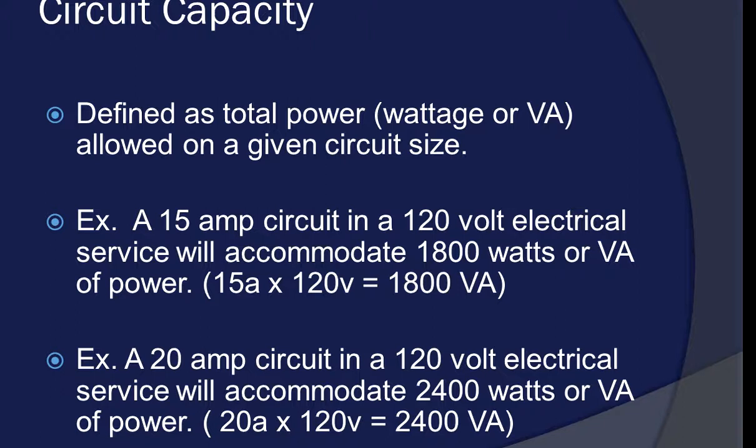So 1,800 watts of capacity is found in a 15 amp circuit that's in a 120 volt service. The same thing can be done with a 20 amp circuit. A 20 amp circuit in a 120 volt service will accommodate 2,400 watts or VA of power. So it's a very simple calculation to determine the circuit capacity.